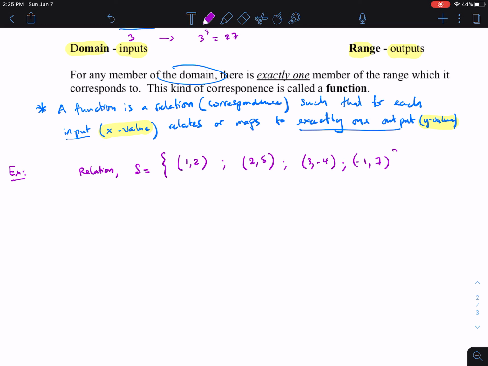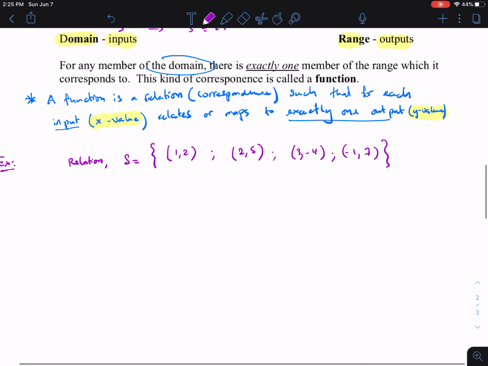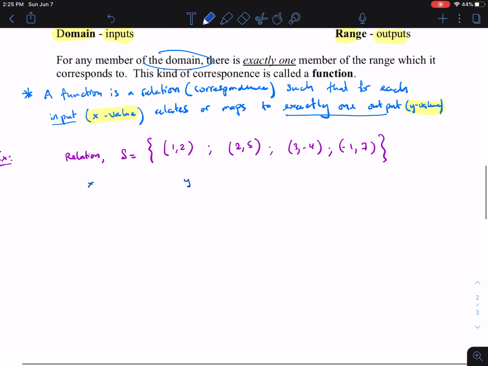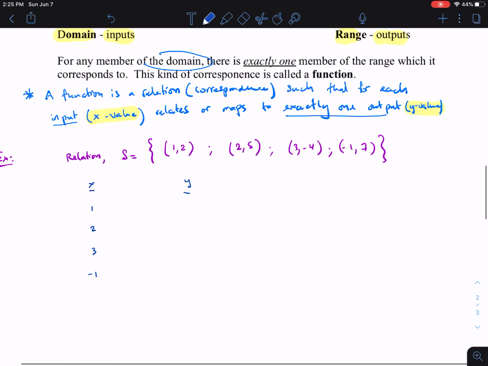This set is a relation and describes what's going on with the x and y values. Here are all the x values: 1, 2, 3, -1. The y values would be 2, 5, -4, 7.